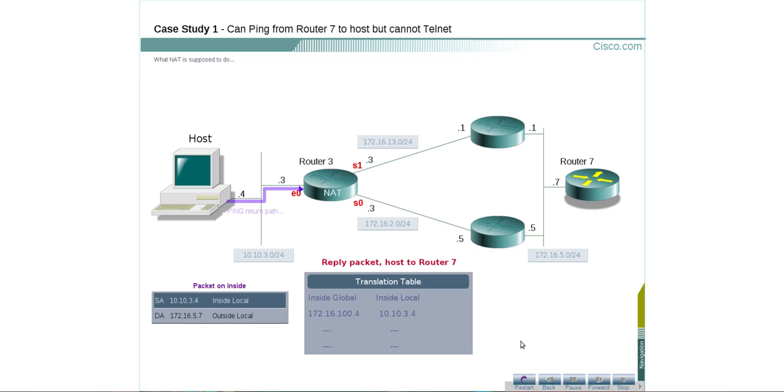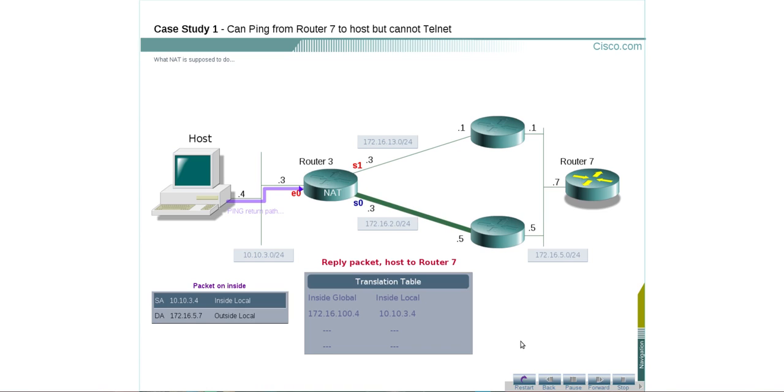Here we have the return packet from the host with a source address of 10.10.3.4 and a destination address of 172.16.5.7, which is router 7. The first thing that would take place is the router would check for a valid entry in the routing table for the destination of the packet. We checked this earlier and determined that router 3 does have a route for router 7's network via serial 0.